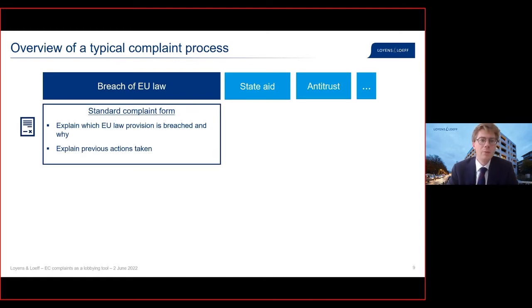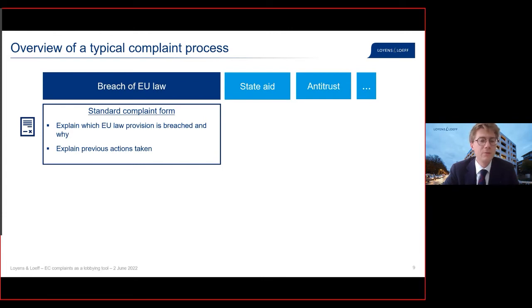When we briefly look into the process of a breach of EU law complaint, it's in fact any type of complaint for an infringement of EU law. So national law or a national practice which in your view could be in breach of EU law. That could be a situation where you think about where you can complain and you submit a complaint.